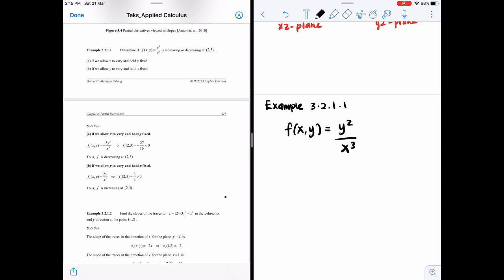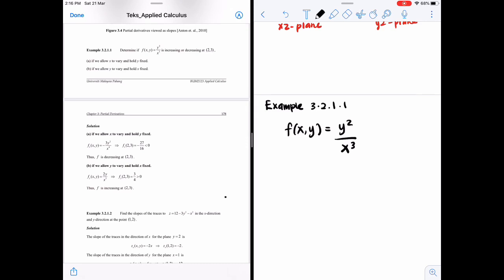So what we need to do is find the gradient of the tangent line for this function. Okay, whenever the gradient of the tangent line for this function is negative, it means that our function is decreasing, while when the gradient is positive, it means that our function is increasing.